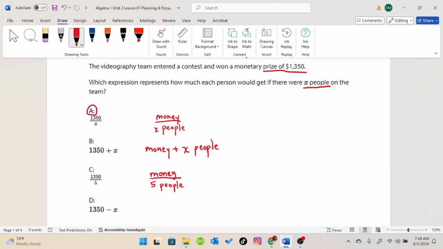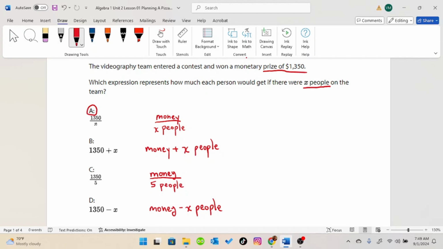And finally, D is taking the money and subtracting some unknown number of people. But that would not tell you how much money each person gets. That is taking the prize money and subtracting the number of people.